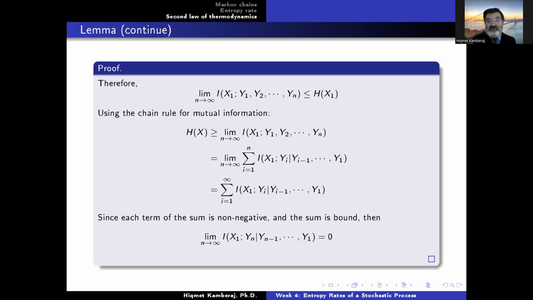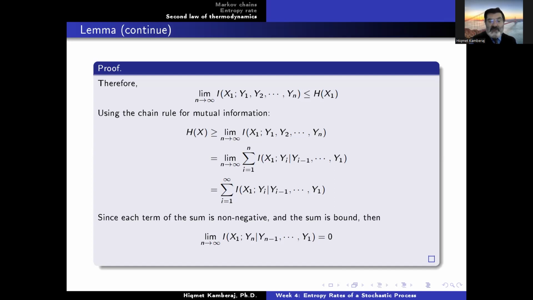I have used the chain rule of the mutual information, I of x1 and yi given y i minus 1 up to y1. Then, taking the limit when n goes to infinity, the upper limit of the sum goes to infinity. Then I have the sum of i from 1 to infinity of the conditional mutual information between x1 and yi given y i minus 1 up to y1.